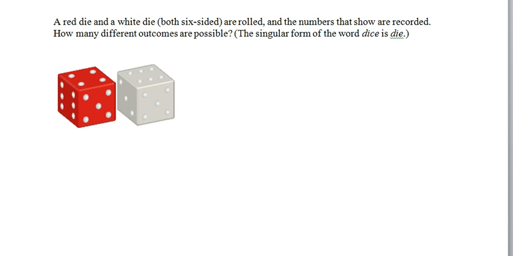And we have one more example. We're given a red die and a white die. These are both rolled, and we want to know how many different outcomes are possible. This time we can think about, for the red die, the numbers 1 through 6 are possible, and for the white die, the numbers 1 through 6 are possible.